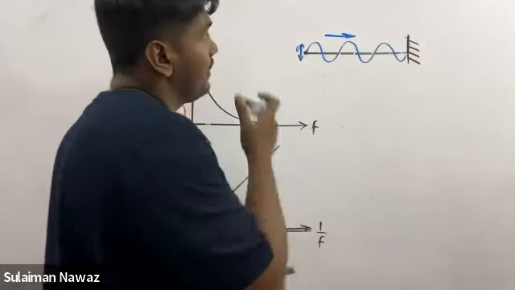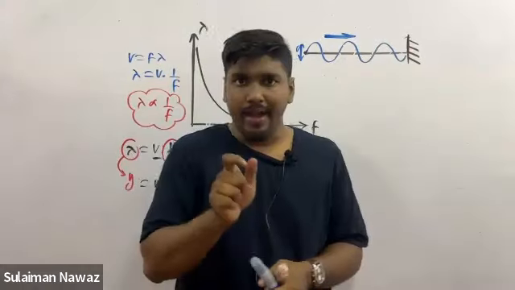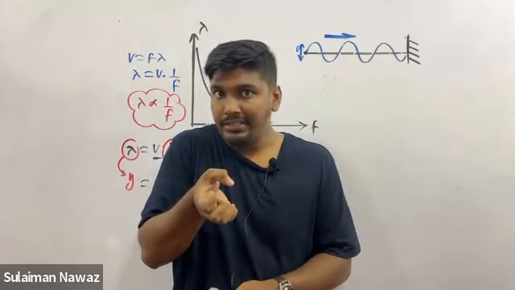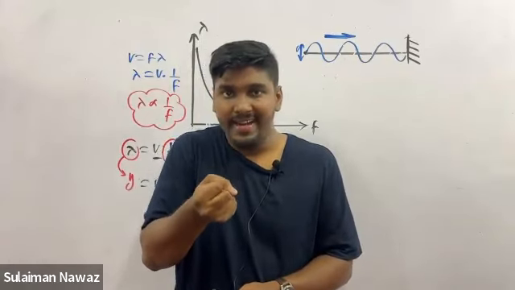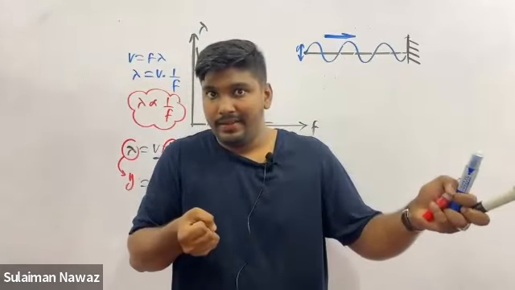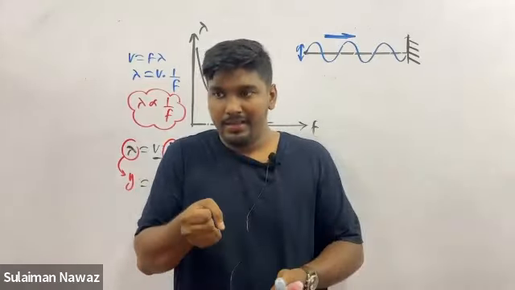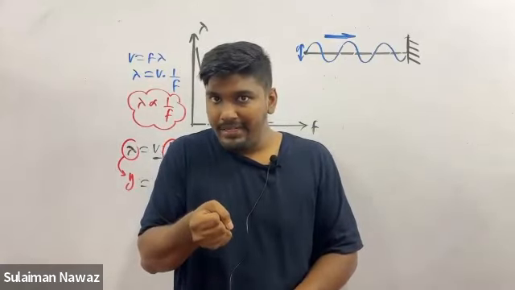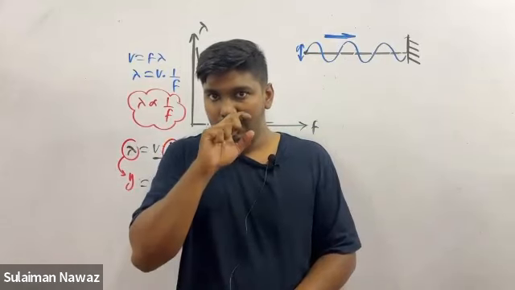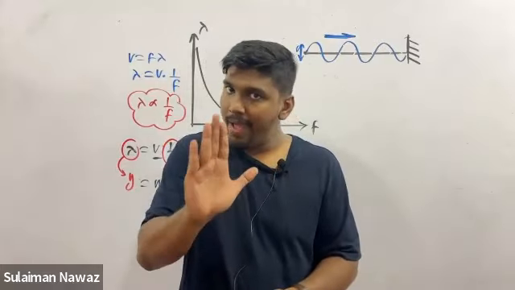Now, rather than continuously vibrating, if I vibrate the rope only once, just think I am holding the rope in my right hand. The rope is well stretched, and the other end is connected to a fixed end. If I vibrate the rope only once, one up and down, then what type of wave will appear in the rope?